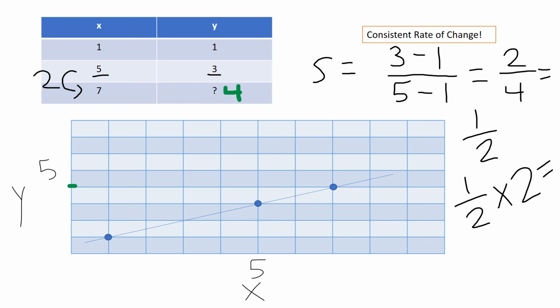And if you go up by 2, then you're going to go up by 1. Okay? And so then you take that answer and add it to that y there. So plus 1, which equals 4, which is what we got there too. That's another way to do it.